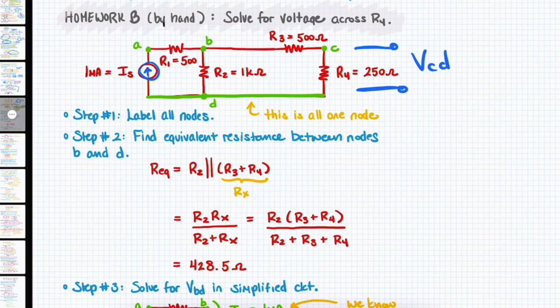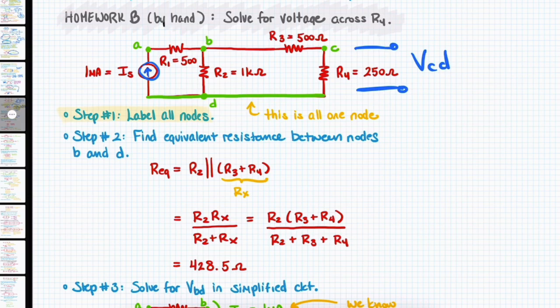So first thing we'll do is label all the nodes. What that also does is alleviate the need to label all the voltages, because we know VAB looks like that, and we know VBD looks like that, by the very nature of the subscripts. And because there aren't any parallel single segments, we don't really need to label all of the currents.